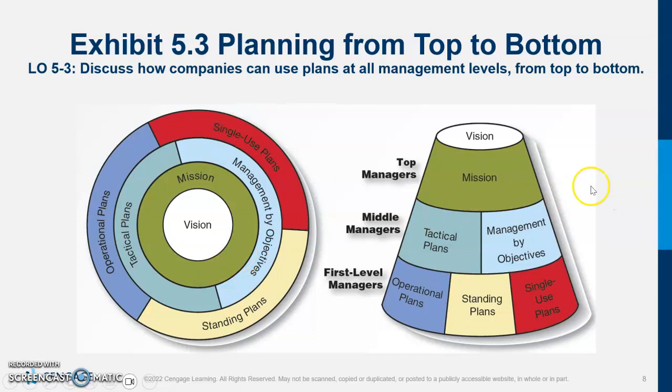This graphic shows where planning happens and who makes what plans. At the top level, we have our overarching strategic planning, which lays out our vision, our mission, and our large overarching long-term goals.